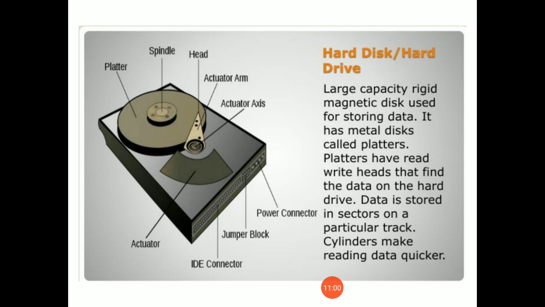The polarity of the electric pulses depends on the direction of magnetization of very small areas of the magnetic film on the disk surface, which were created while writing data in the form of 0 and 1. So in this way we read or write data in the hard disk.